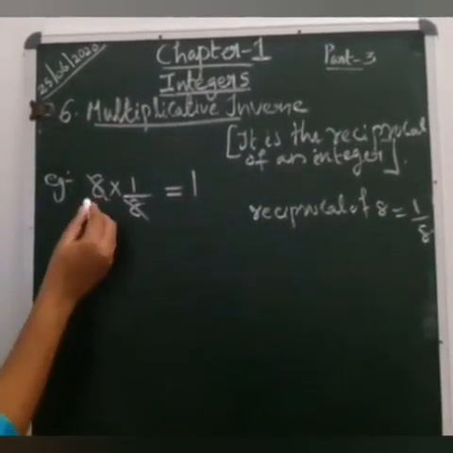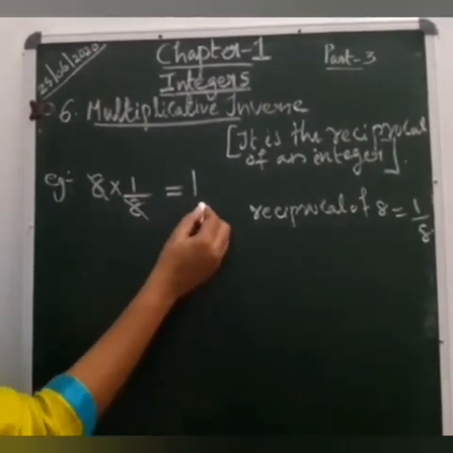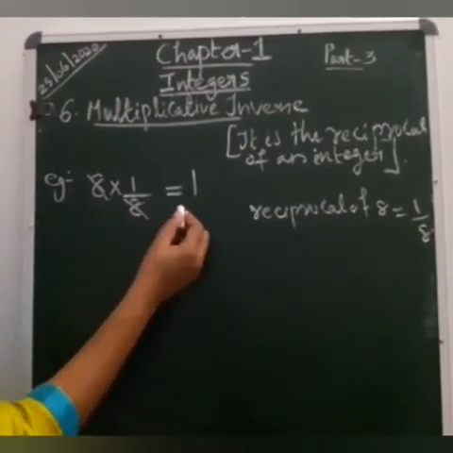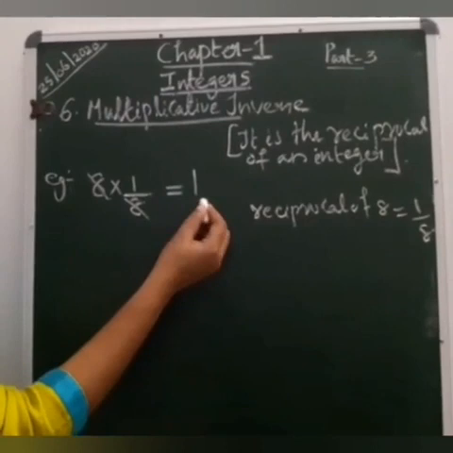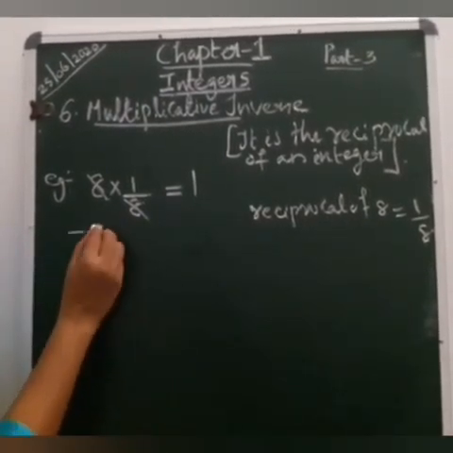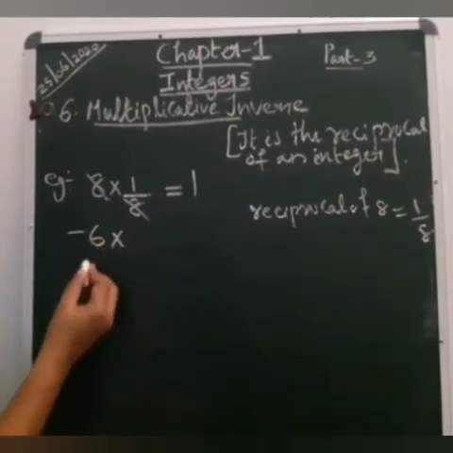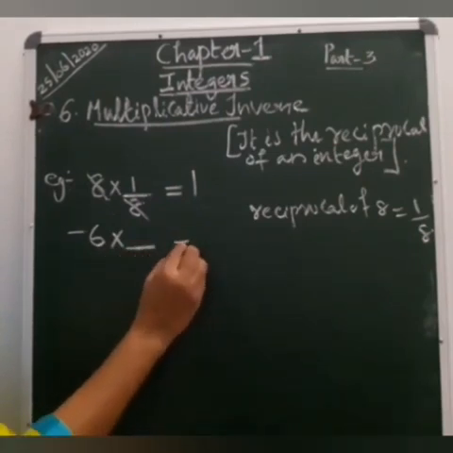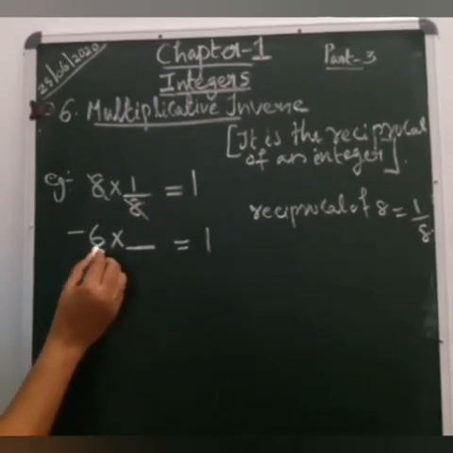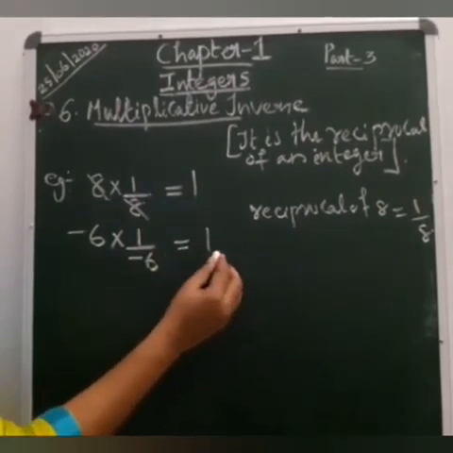That means the integer into its reciprocal is equal to 1. Or integer into its multiplicative inverse is equal to 1. We take another example, one negative integer minus 6. What should be multiplied by minus 6 to get the result as 1? We must multiply minus 6 by 1 by minus 6 to get the result as 1.